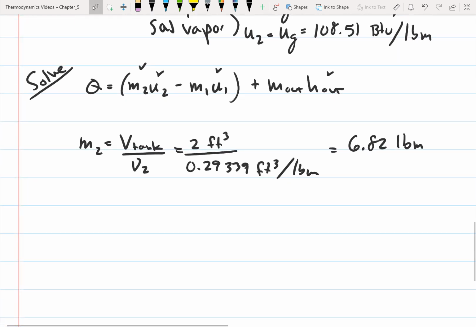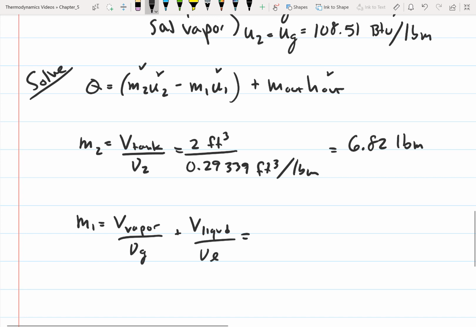Now let's do M1. M1 is kind of the tricky one because we have a mixture. So M1 is equal to the volume of the vapor over the specific volume of the vapor plus the volume of the liquid over the specific volume of the liquid.